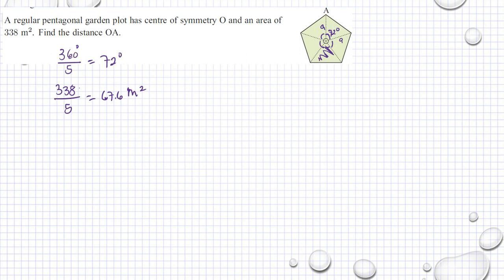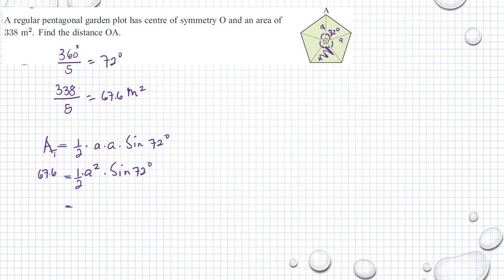So that means the area of a triangle is equal to 1/2 multiplied by one side A multiplied by A, and the included angle sine 72 degrees. Then we have 1/2 A squared multiplied by sine 72 degrees, is equal to 67.6.